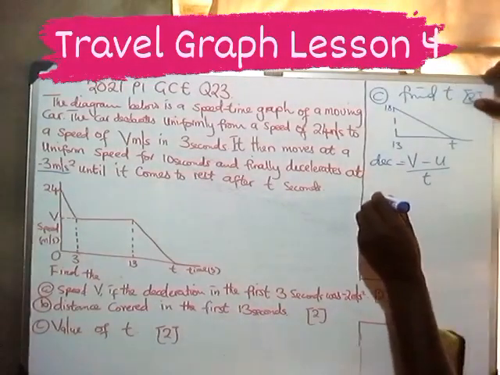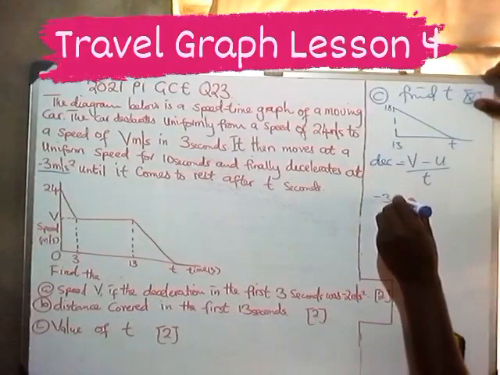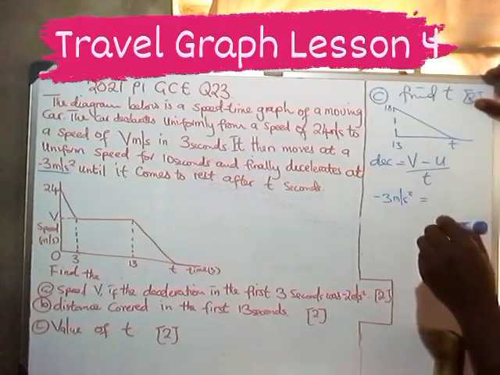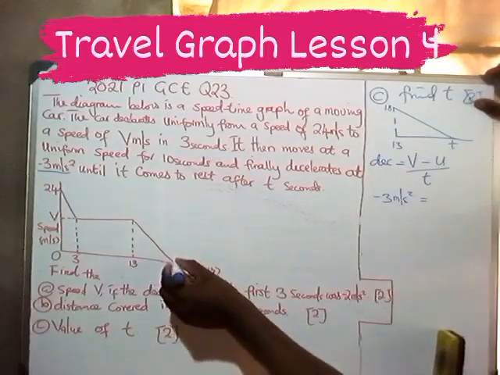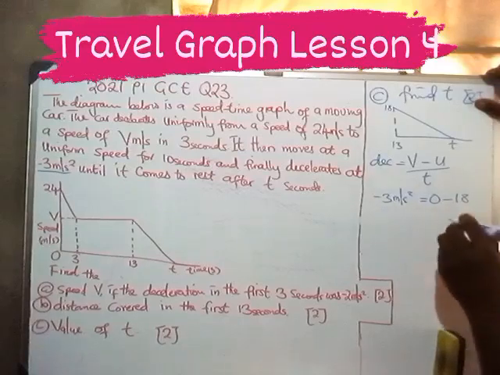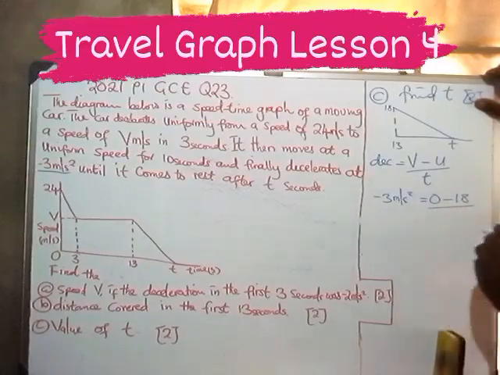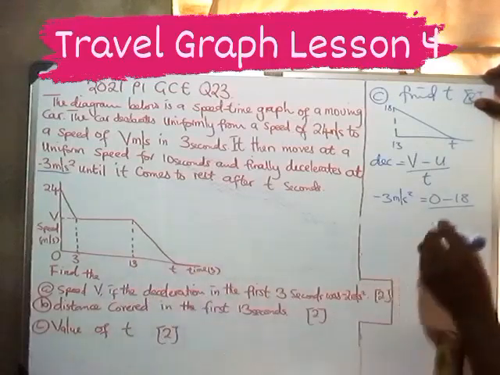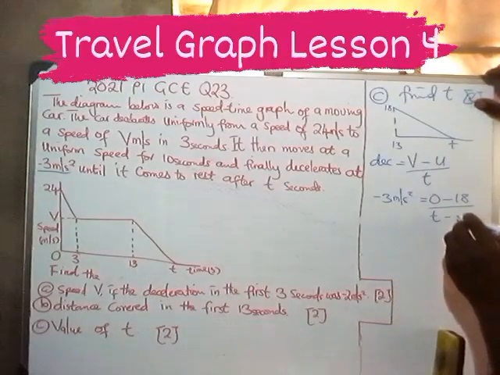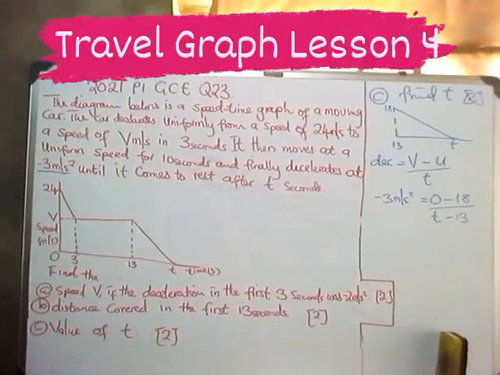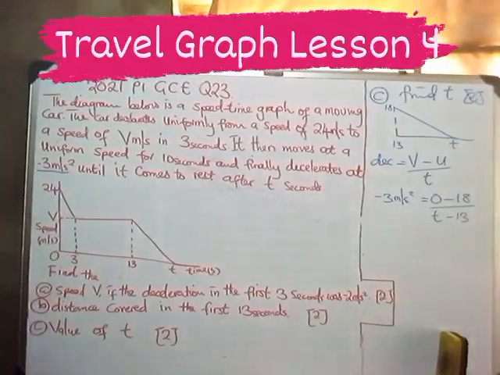So we have -3 meters per second squared equal to our final velocity, which is 0, minus 18, over the time taken from 13 to t. It is the same as saying t minus 13.